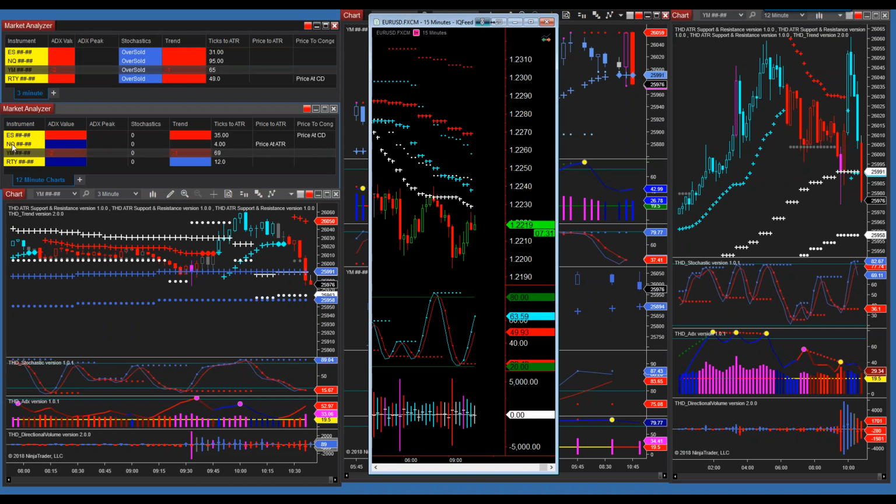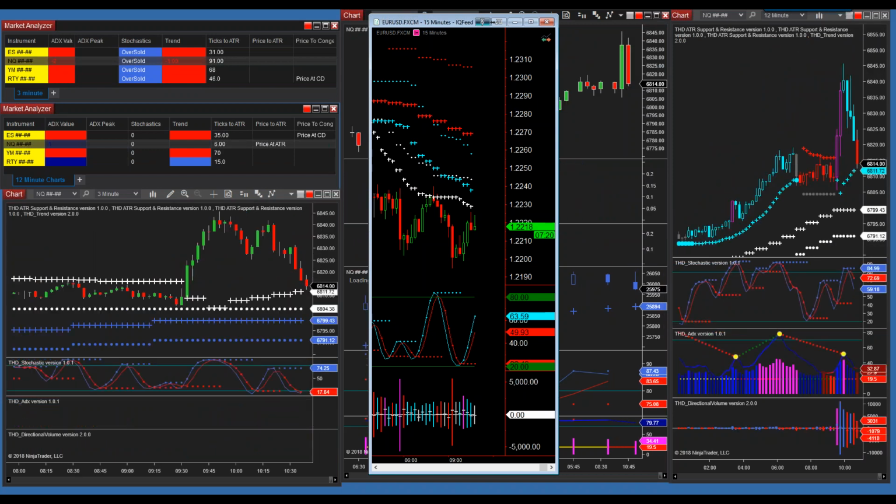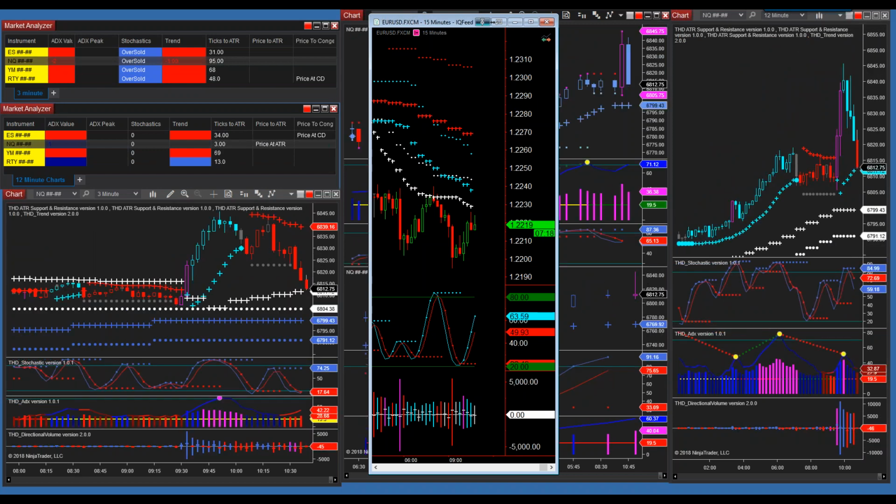Now, on the NASDAQ, do you see how this is telling you prices at the ATR? Okay. Now, for those of you that remember, this is your Buddha trade setup between the 3 and the 45.